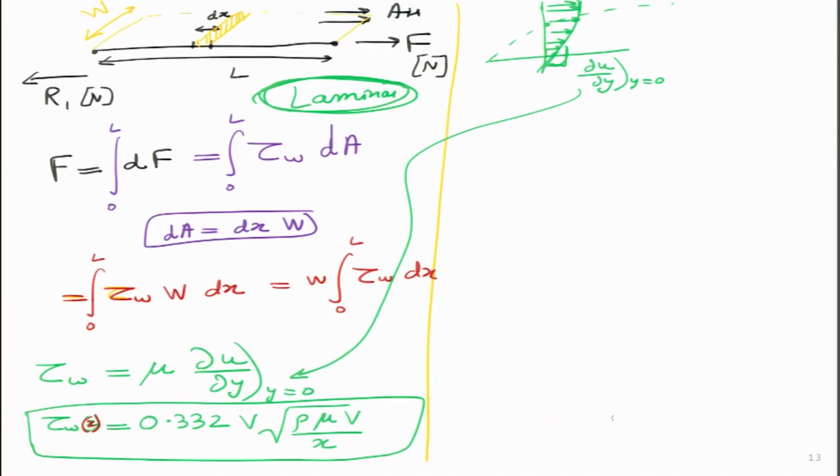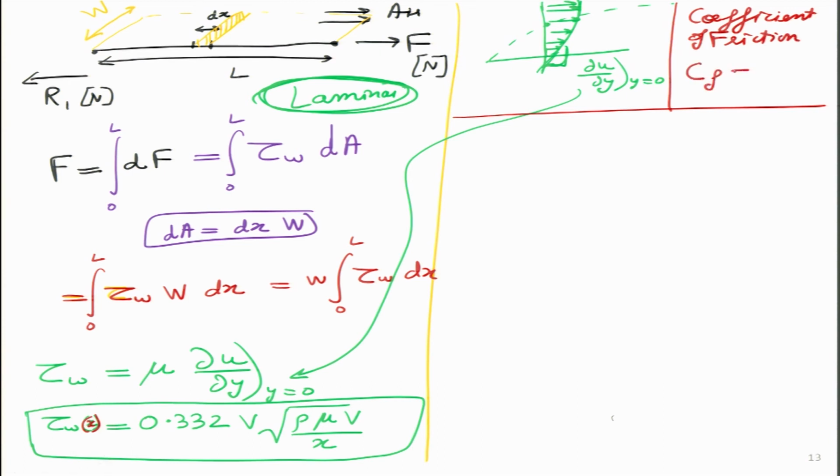So, what we are getting is a very interesting result. I will also define over here one more parameter which makes life easy. This is the coefficient of friction, which is a non-dimensionalized parameter, and it links this shear stress. It has been non-dimensionalized using this constant quantity, half rho V squared.